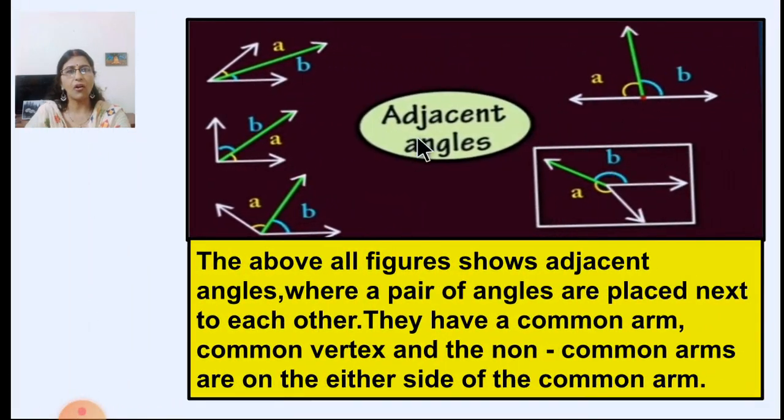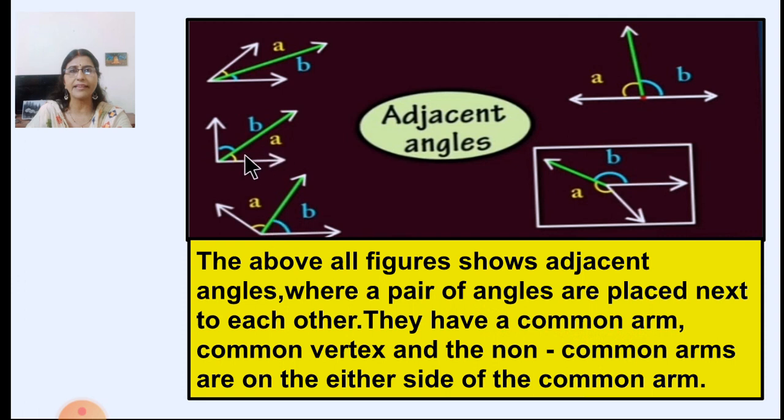Now all the above figures show adjacent angles, where a pair of angles are placed next to each other and they have a common arm.